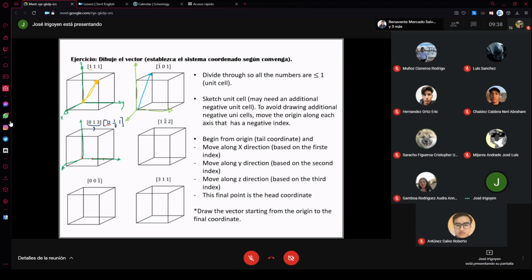So you move 1/3 in the Y axis, and in Z you have 1. So you move here. So the head is going to be at this point. Something like this, right? Now, I think this is clear, how to manage when you have values different from 1, right?